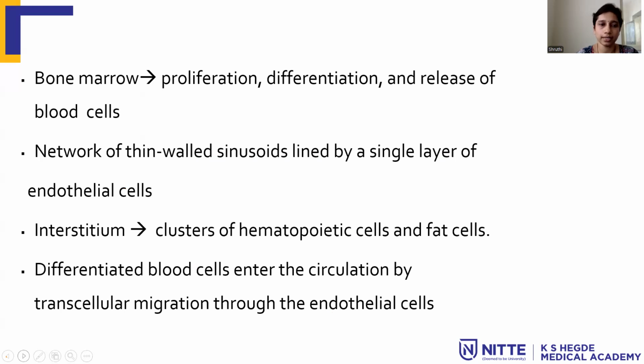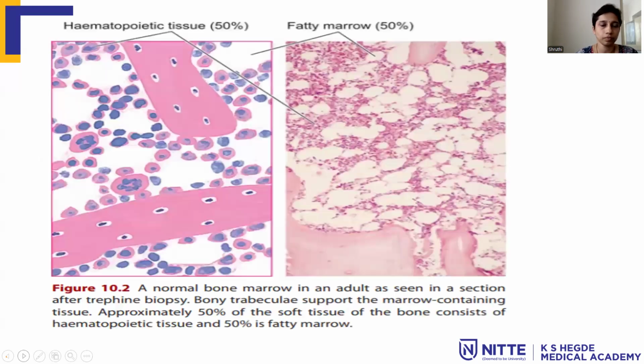In between there is an interstitium, which is a stroma containing fatty tissue and hematopoietic cells seen in clusters. Differentiated blood cells enter the circulation by transcellular migration through the endothelial cells lining the network of these sinusoids.